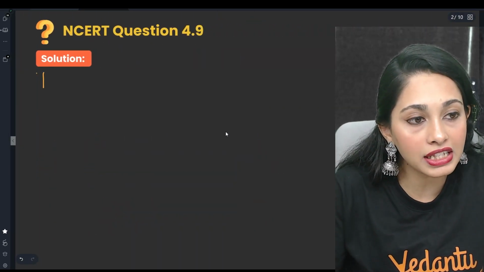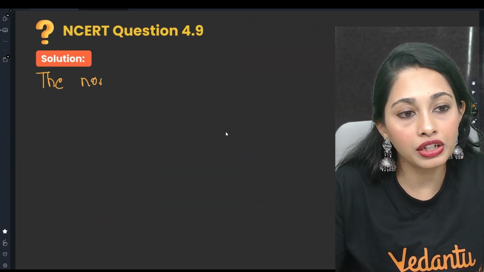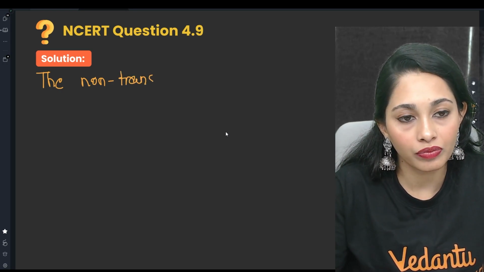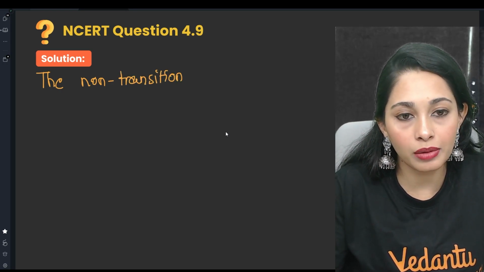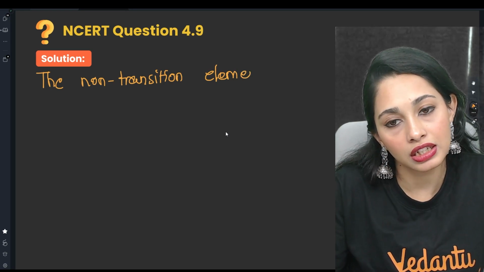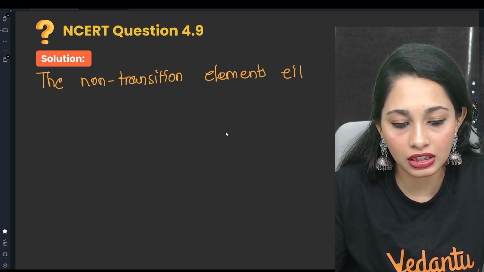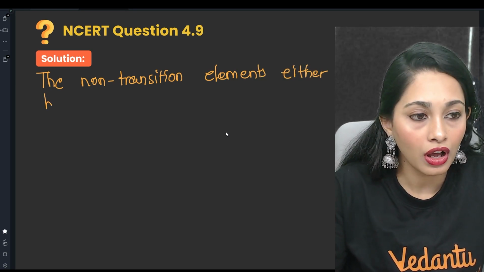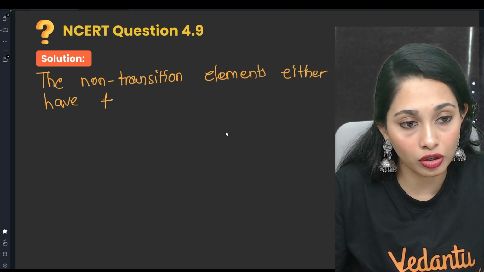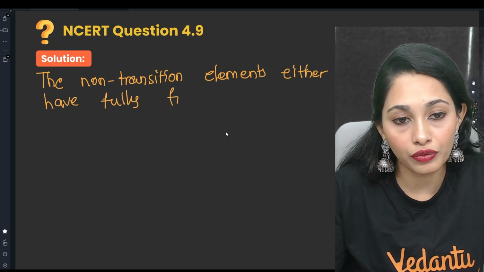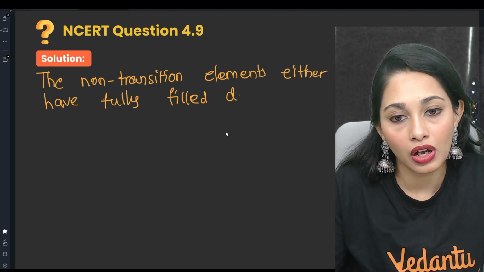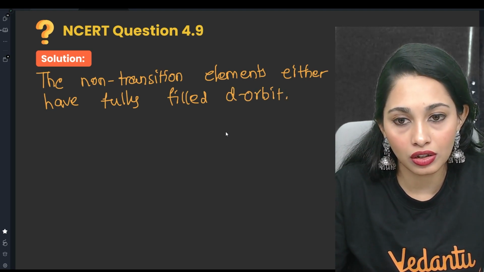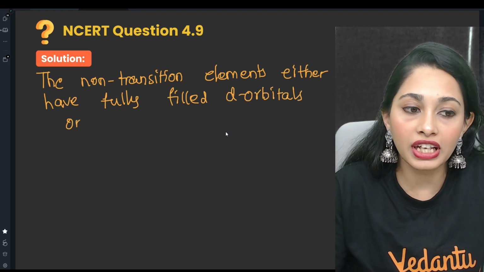But the non-transition elements either have a fully filled d orbital, or no d orbital at all.